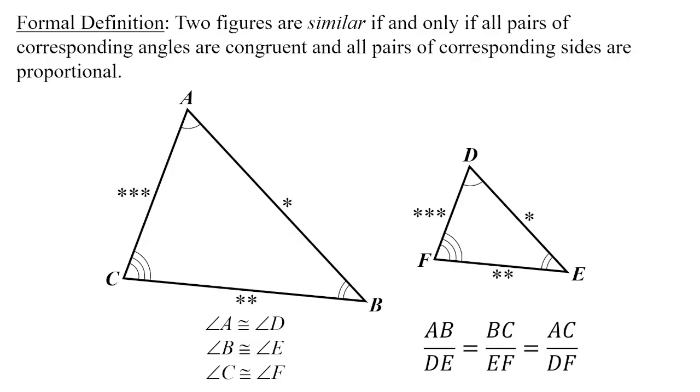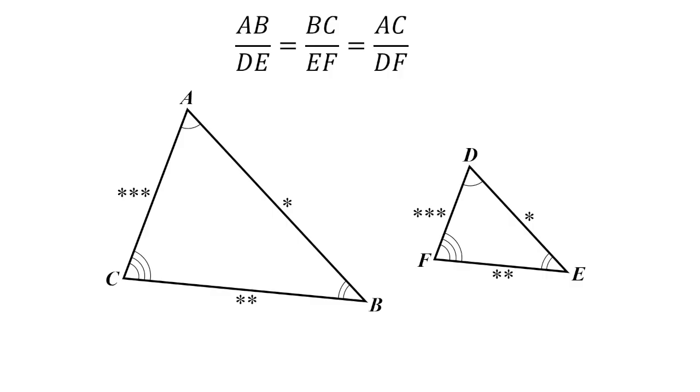Now, we mentioned that all pairs of corresponding sides being proportional means all the ratios of the sides are equal. This means that all three of these ratios reduce to be the same thing. So let's say they reduce to give you m over n. Then m over n would be the scale factor from triangle DEF to triangle ABC.